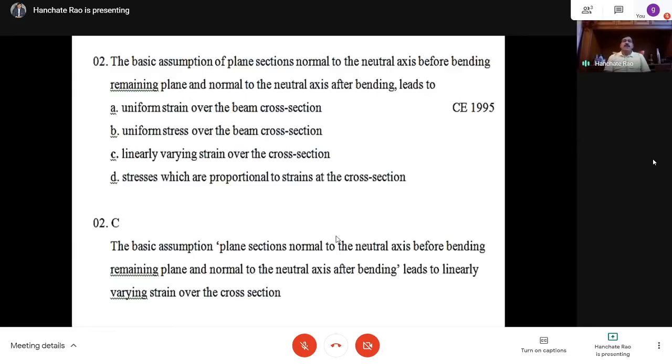The basic assumption in the theory of simple bending is plane normal sections remain plane even after bending. Because of this, we say that the strain is directly proportional to the distance from the neutral axis, or otherwise the variation of the strain across the depth is linear. So linearly varying strain across the depth, that is the correct answer, C.